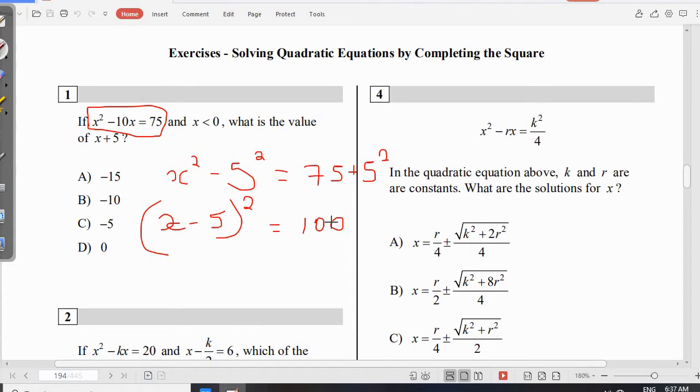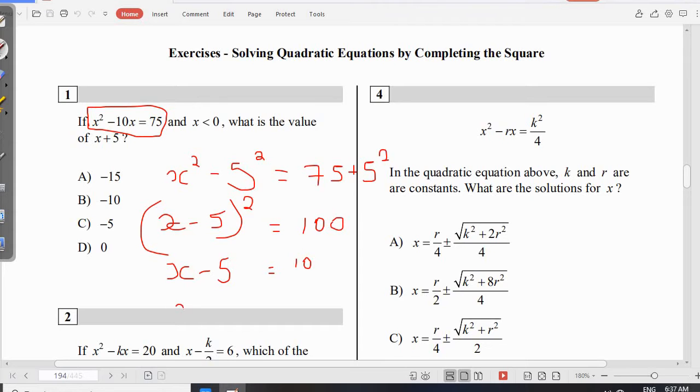Then if you solve this, you get the square root of 100, x minus 5. Now what we're doing here is just reducing it. This will give you 10.